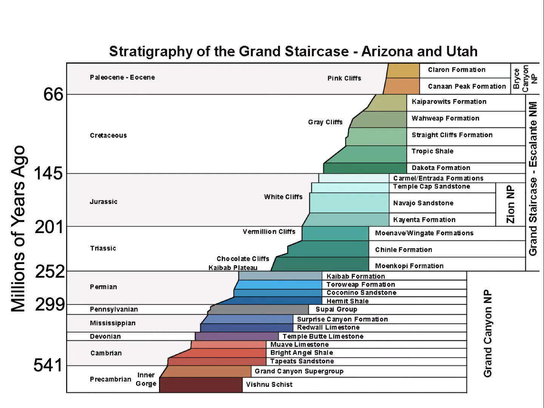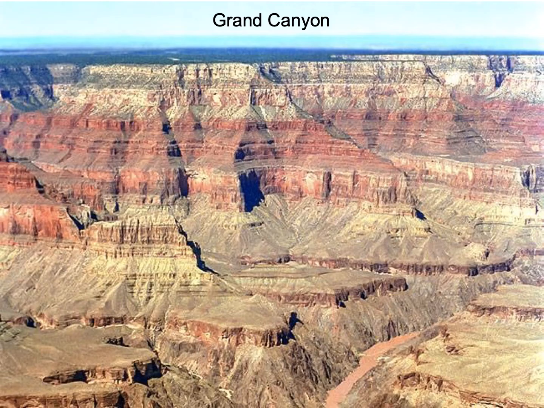So by the time you work your way down into the Grand Canyon, you're examining older and older layers from about 250 million years old to nearly 600 million year old strata. And you can actually see these layers, so you can determine by color or by consistency, etc., which layer you're in, in different parts of the Grand Canyon, as well as other canyons in that Grand Staircase area.